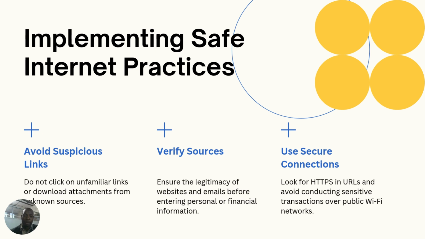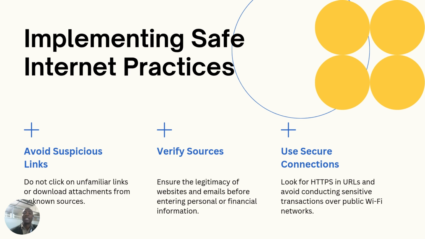Ensure the legitimacy of websites and emails before entering personal or financial information, because that is the information that they use to lodge an attack against your organization or against yourself as an individual.